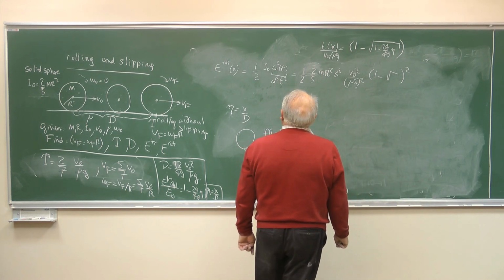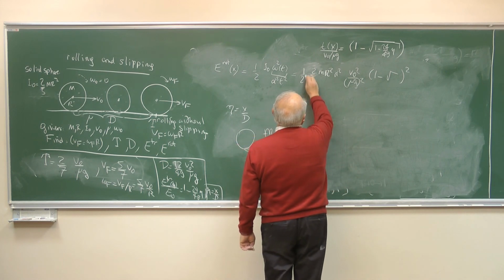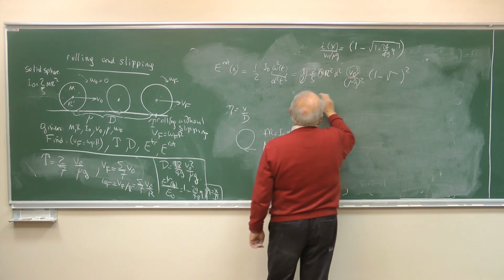So this gives what? 1/2 m v0 squared is E0.